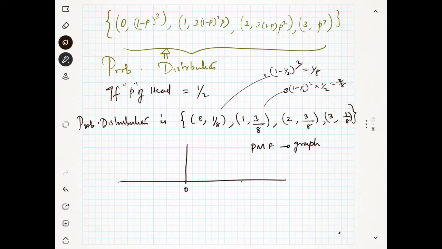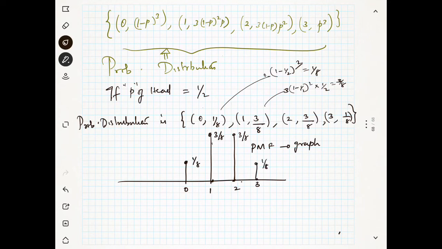For 0 you have 1 by 8, for 1 you have 3 by 8, for 2 you have again 3 by 8, and for 3 you have 1 by 8.